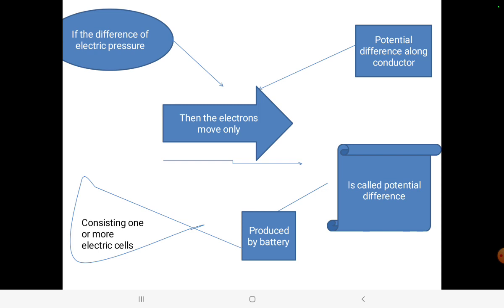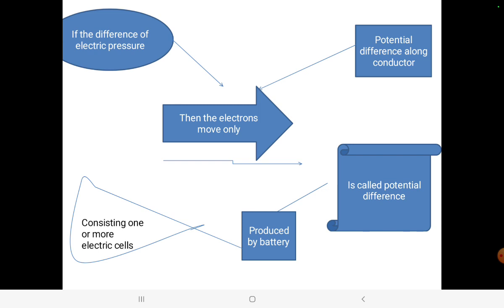In the same way, if I want to bring that point charge near to that particular charge, then as I move towards the charge, it shows different pressure at different places.